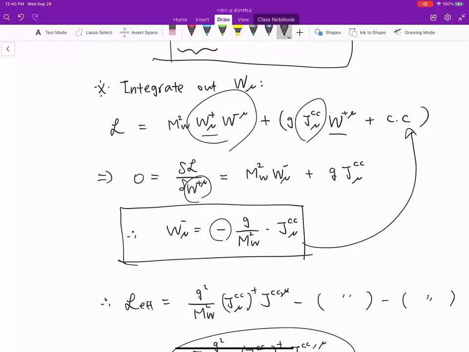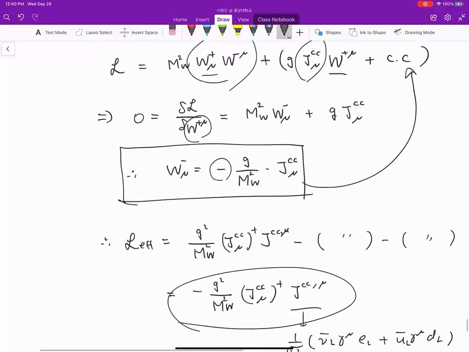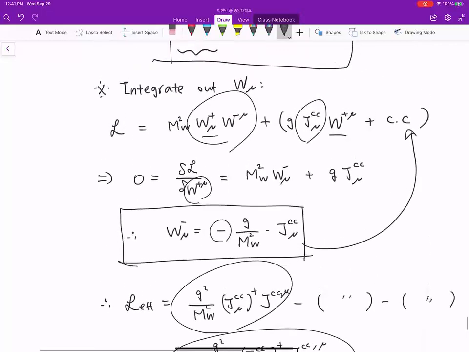And if you want to include a kinetic term for the W boson, then maybe you can treat the kinetic term as a perturbation. In the effective interaction here with this charged current only, you don't have derivative terms. But if you include the kinetic term for the W boson, then you have non-zero derivatives.